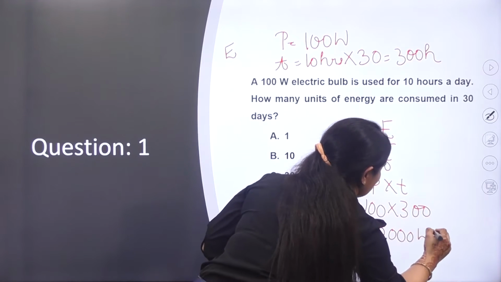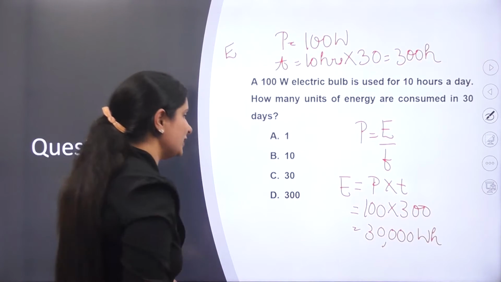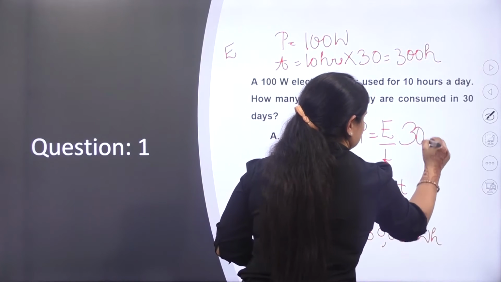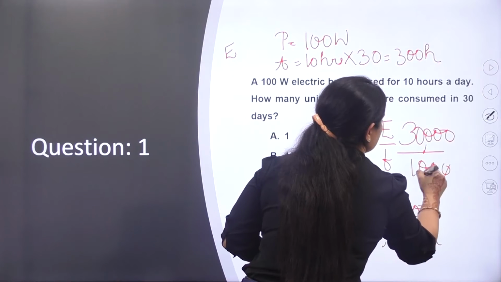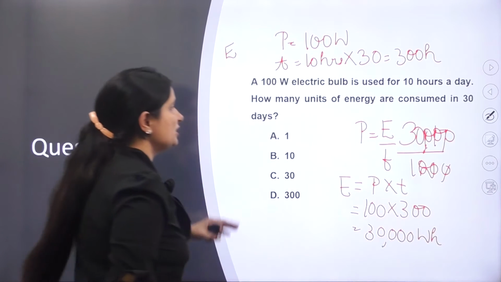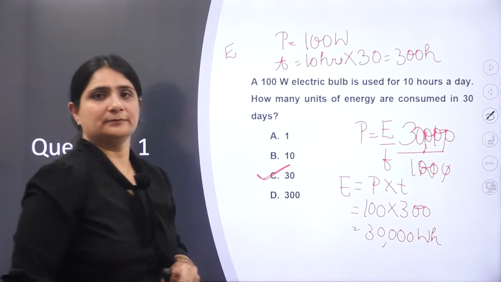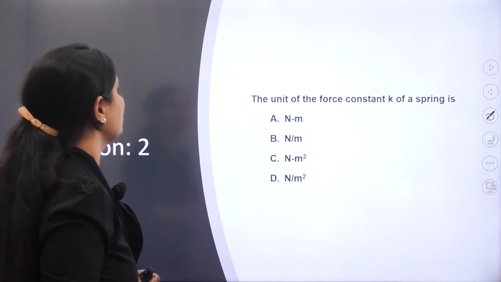So 30,000 watt hours, but the commercial unit is kilowatt hours, so we'll divide it by 1000. So the answer comes out to be 30. So option C is the right answer, 30 kilowatt hours. Right? So we move on to the next question, question number 2.